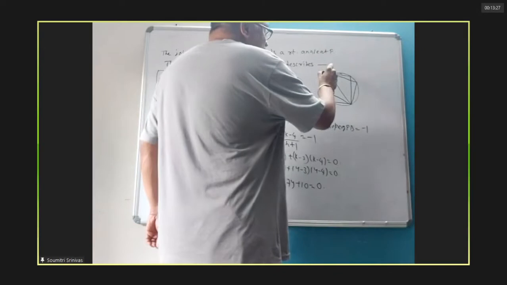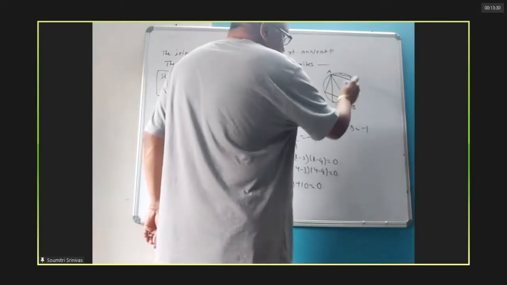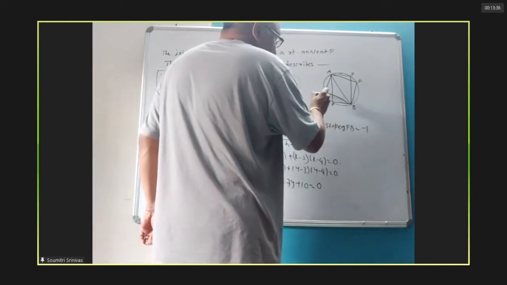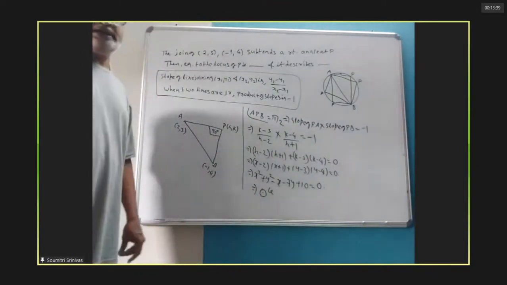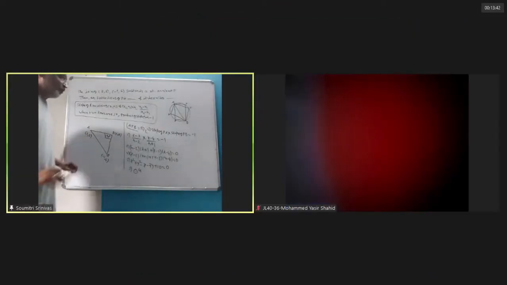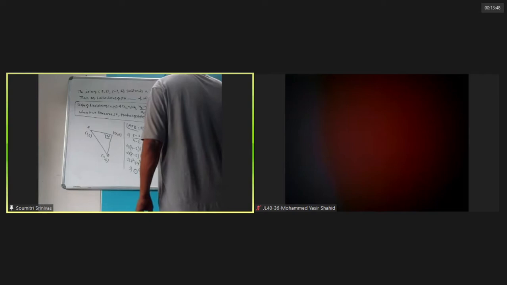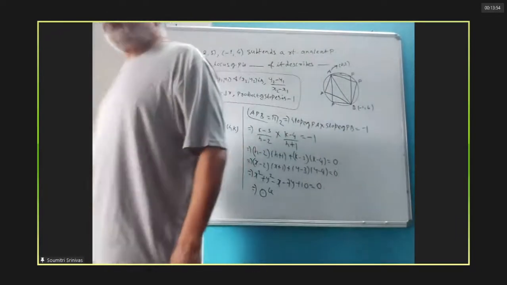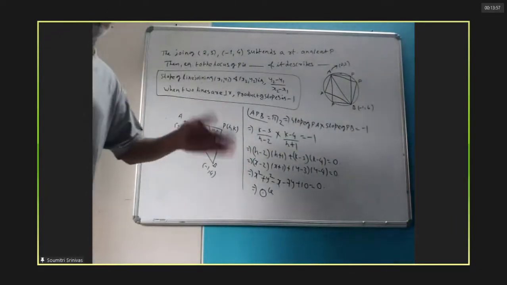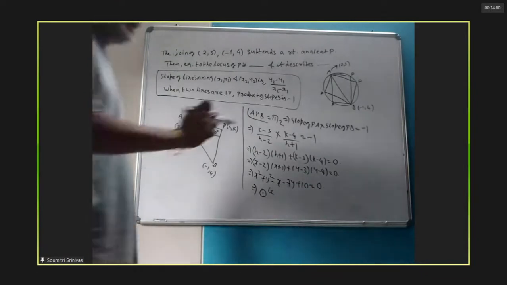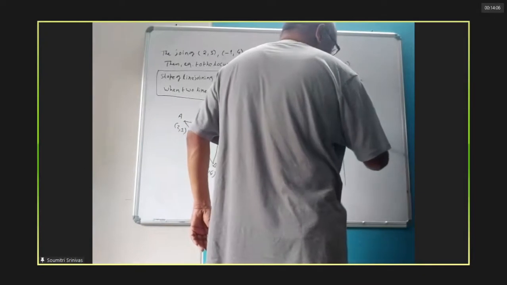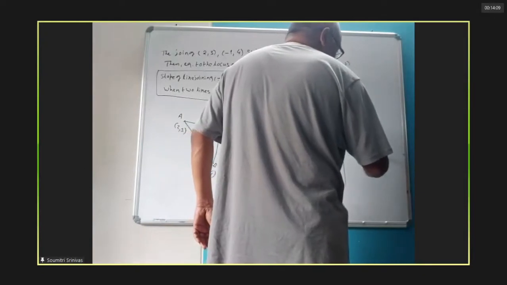Where is your P going? Trace the path being traversed by the point P. What do these 2 points act as? What is your A here? (2, 3). What is your B here? (-1, 4). What are A and B acting as? They are the extremities of a diameter.